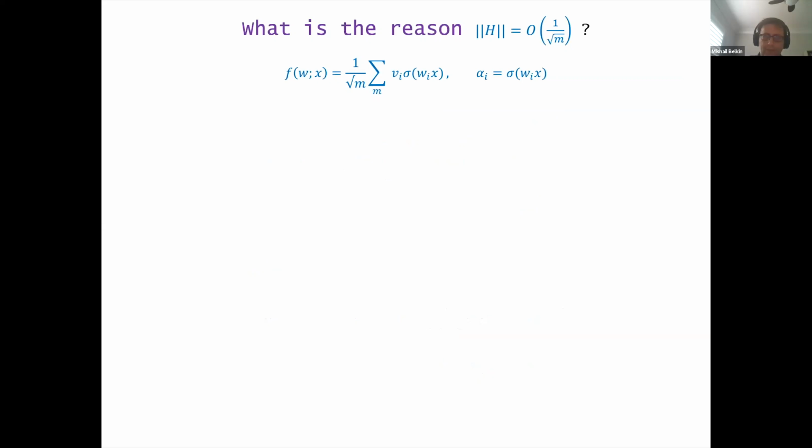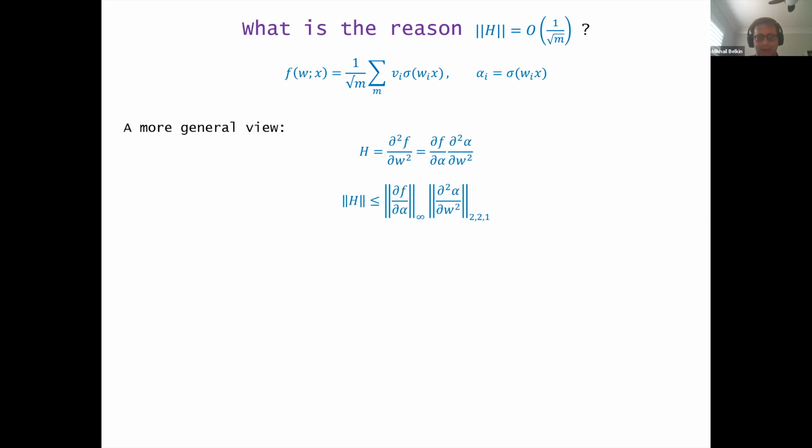Now, it is diagonal, but you can say, more generally, it's not going to be diagonal if it's not just a two-layer neural network. It's a more complicated thing. Diagonal is very special. So is there some more fundamental reason that this thing is 1 over square root of m? Yes, there is something related to norm, and it's actually quite interesting.